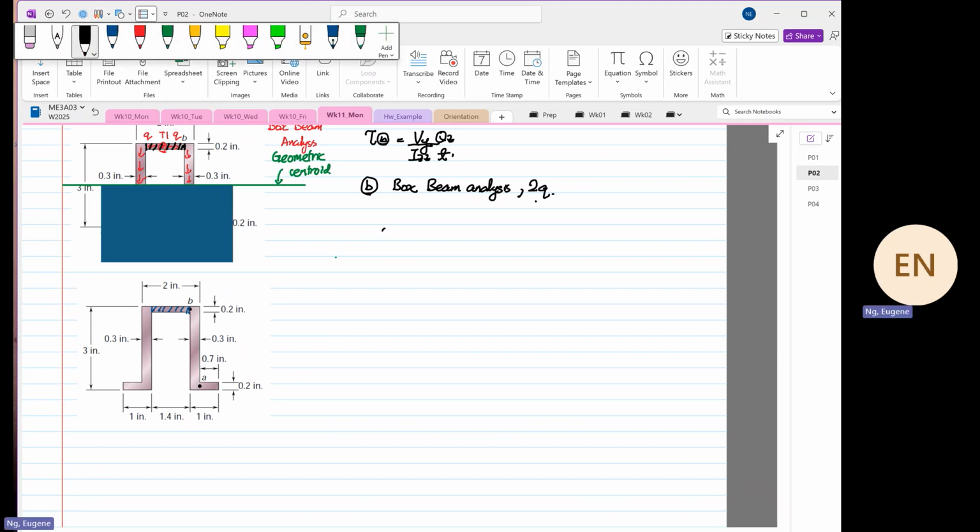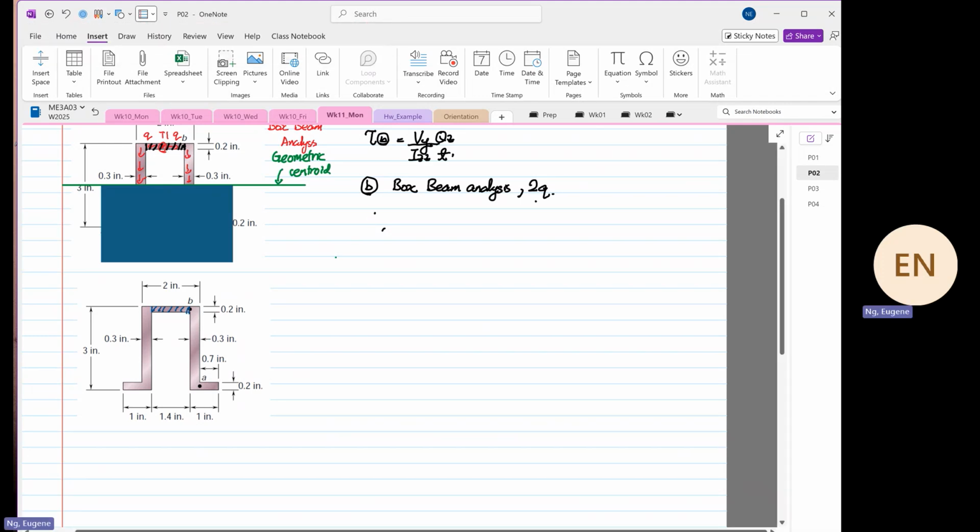So from here, we want to find Qz at point B. Sorry, it's not at point A, at point B. So we have width, depth, y bar.